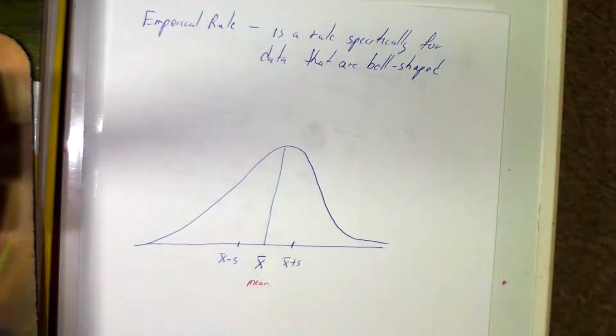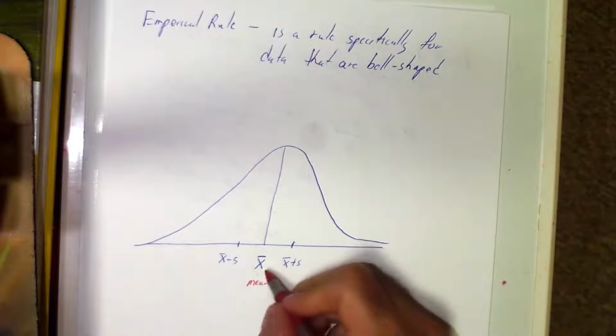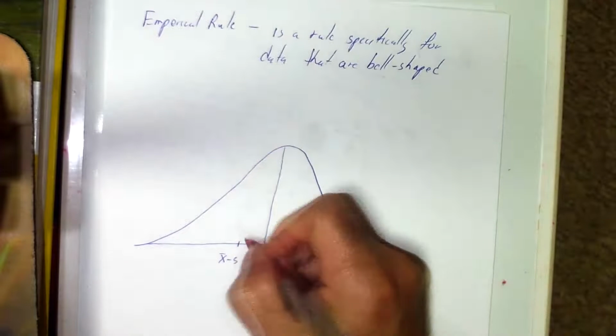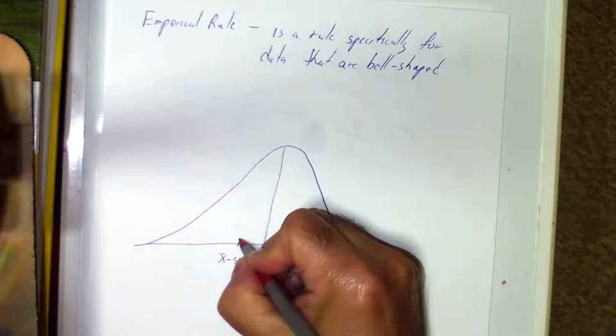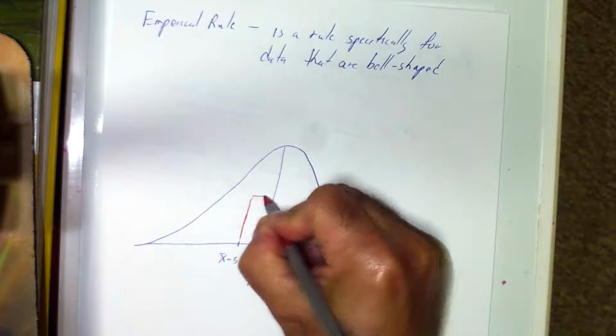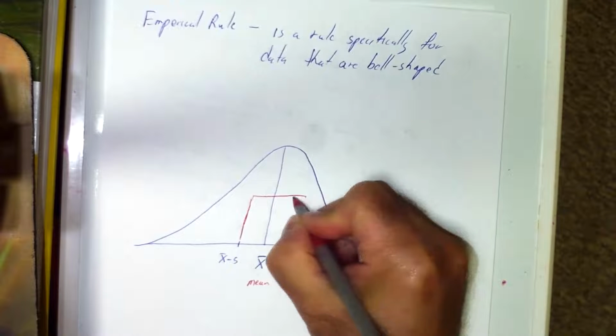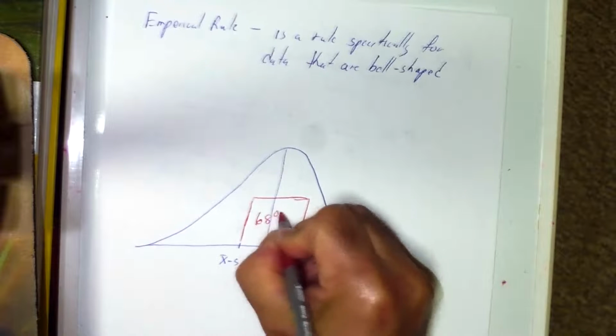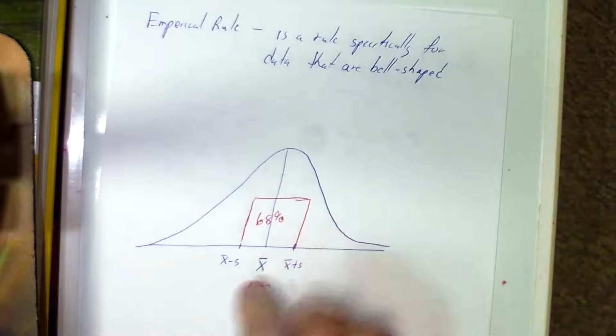They say that within one standard deviation from the mean, if you were to plot all the data points, approximately 68% of all the data would fall within that distance.